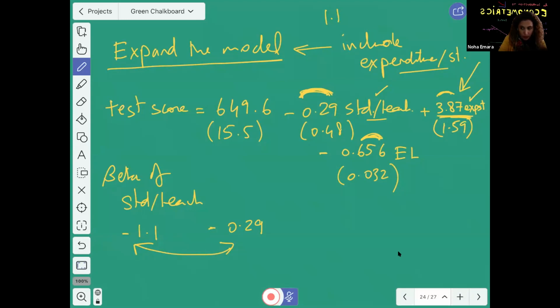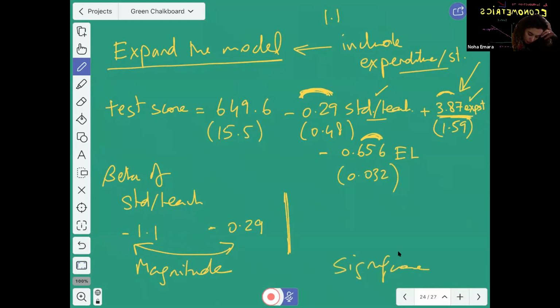This is only one thing. The other thing I need to check is, so this is about the magnitude. The other thing is about significance. Is it still statistically significant? So let's check. What about the t-statistic? It is 0.29 minus the value under the null, which is always 0, over the new standard error.